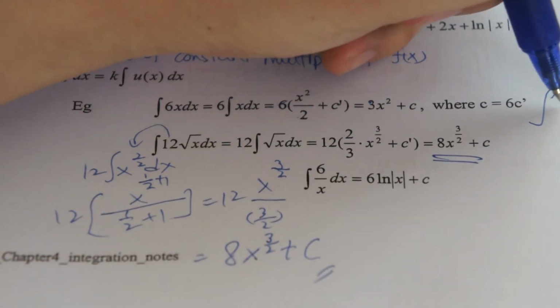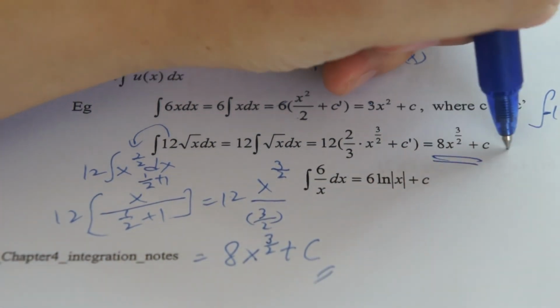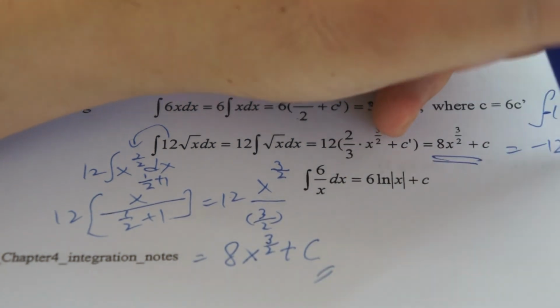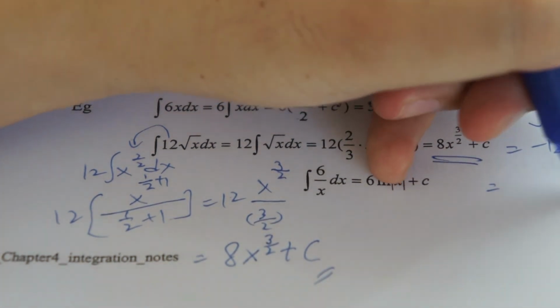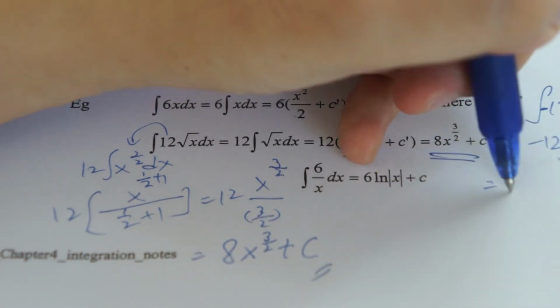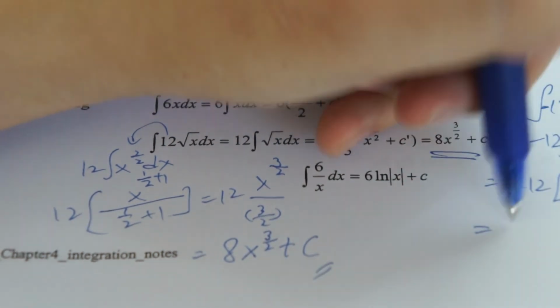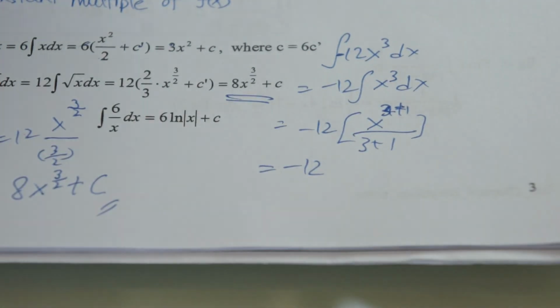One more example for it is like negative 12x to the power of 3 maybe. So take out the minus 12 and then integrate x to the power of 3. So it will become x to the power of 3 plus 1 and then divided by 3 plus 1. Sorry, so it's like here.